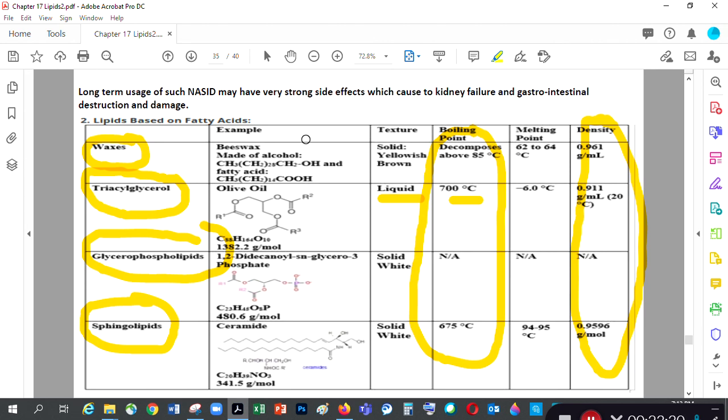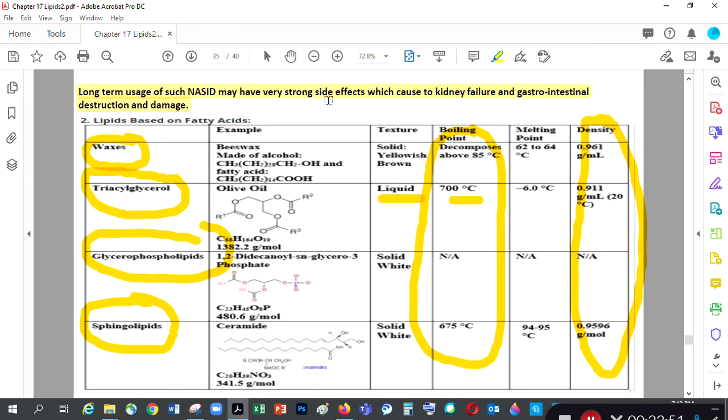Now, here is the structure formula of those compounds. Back to the NSAIDs here, and this is at the top. It tells us that if you use too much of NSAIDs every time, you will really be addicted to it, and that can cause big damage.